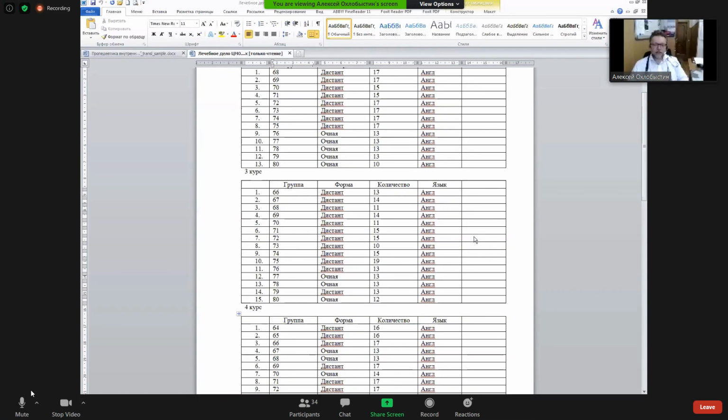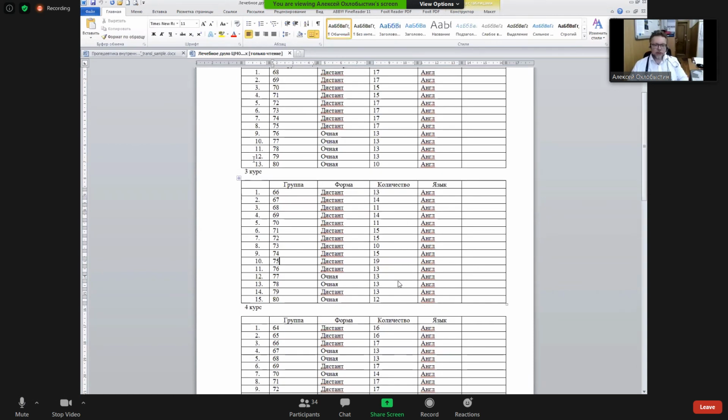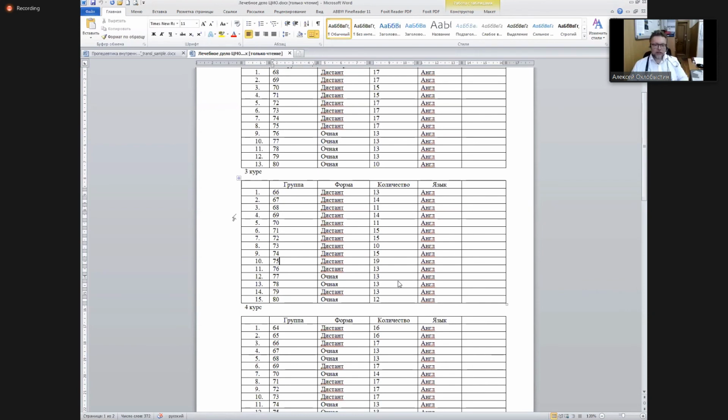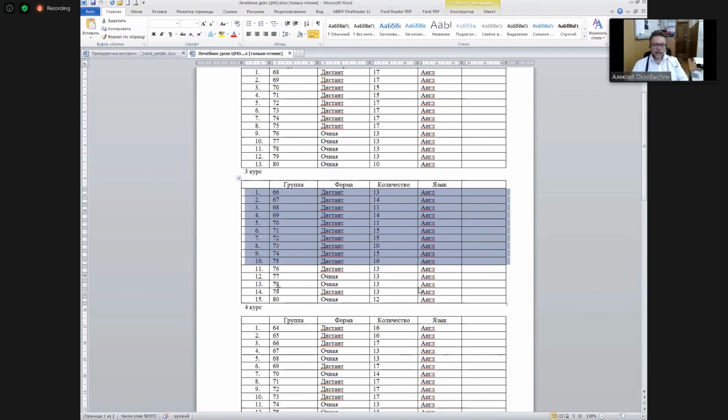Can you see the table on the board? That is the table that was sent to us by the dean's office. That's the second year of study. That's not yours. The third year of study. So that is only groups for our department from 66 to 75, and 76 and 79 are the distant form of education.